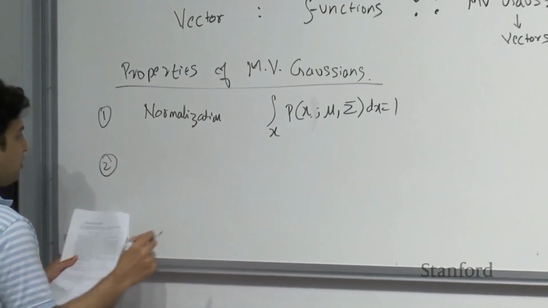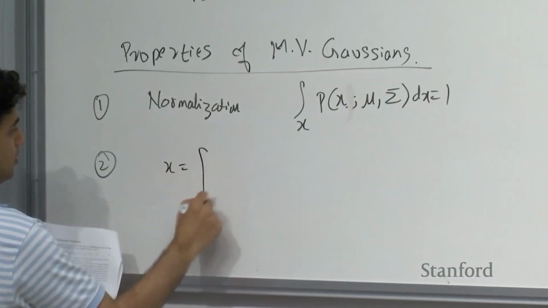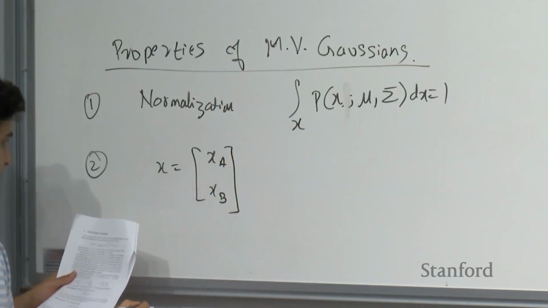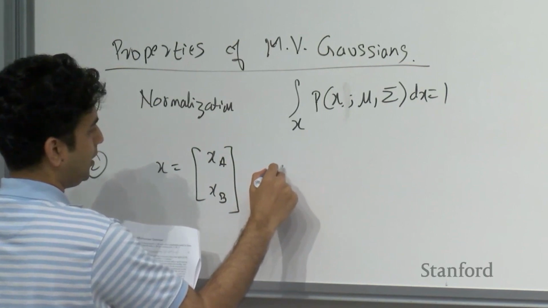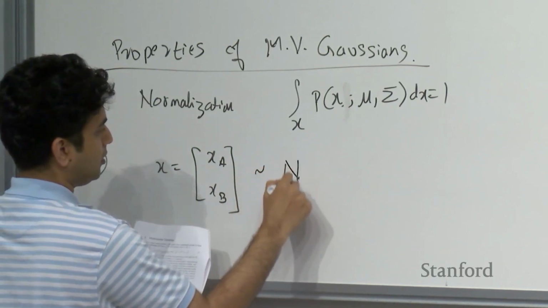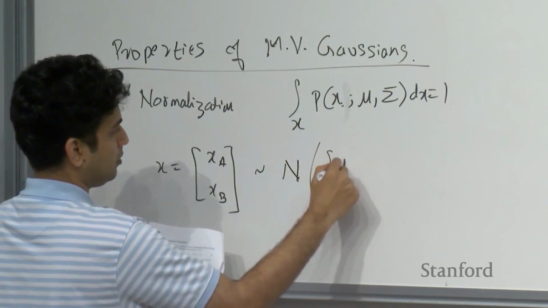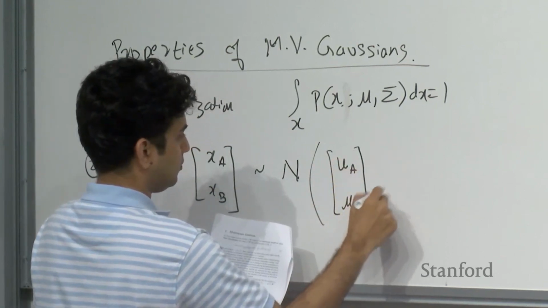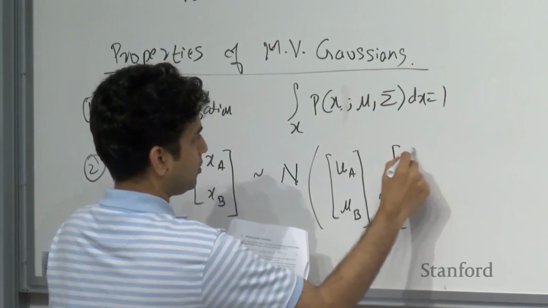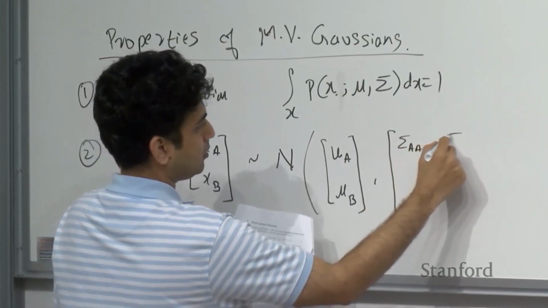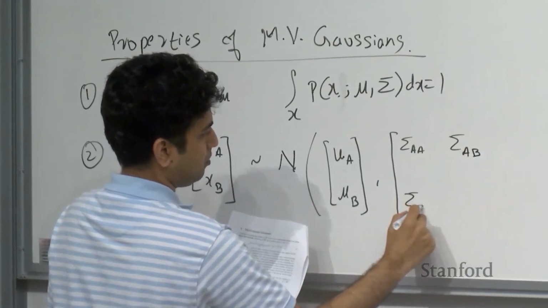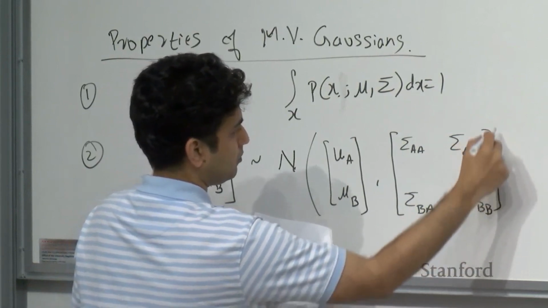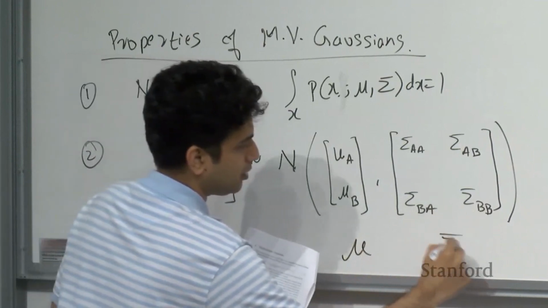And supposing we have a vector x equals x_a, x_b, which is distributed according to a normal distribution with mean vector mu_a, mu_b, and covariance sigma_aa, sigma_ab, sigma_ba, sigma_bb, where you call this mu and this sigma.